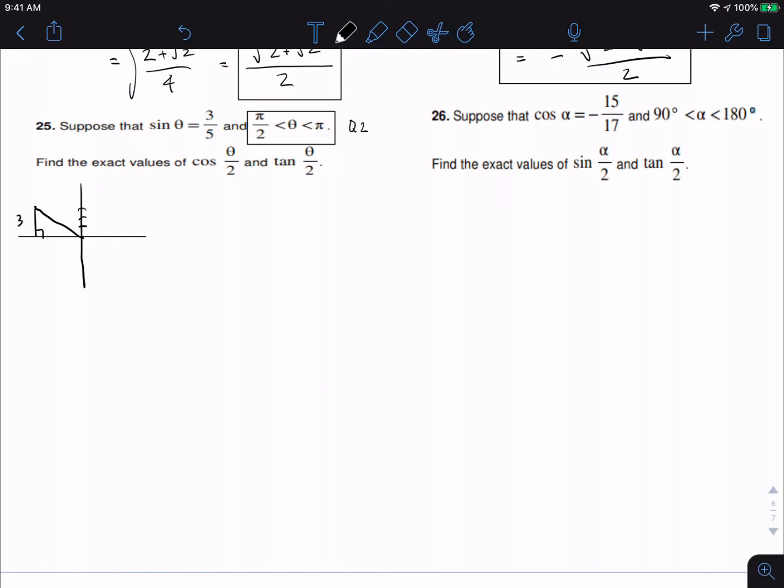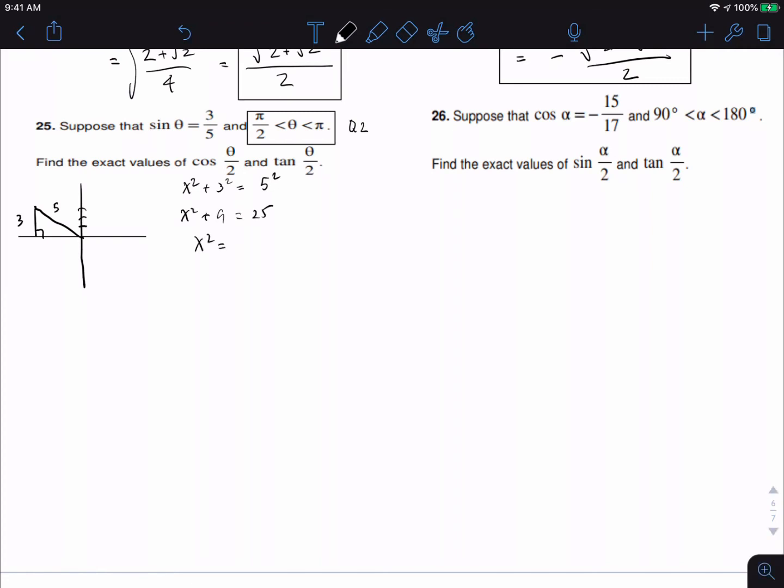So if this is 3 and this is 5, we can go ahead and find out what our x is. And so we're going to go x squared plus 3 squared is equal to 5 squared. And so x squared plus 9 is equal to 25.